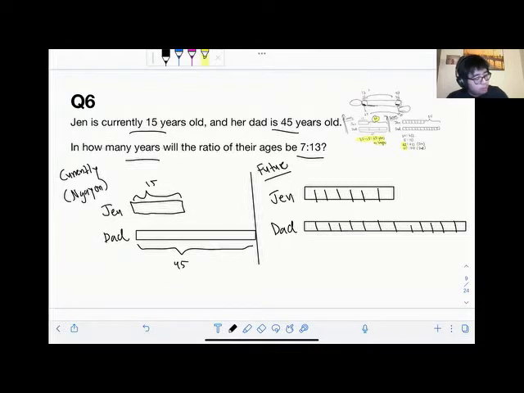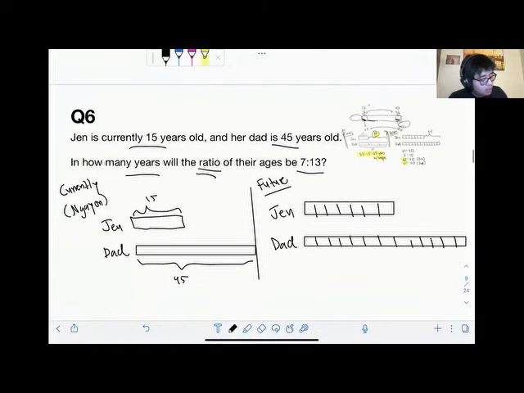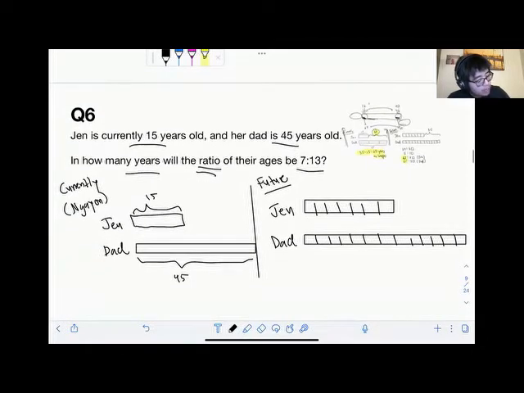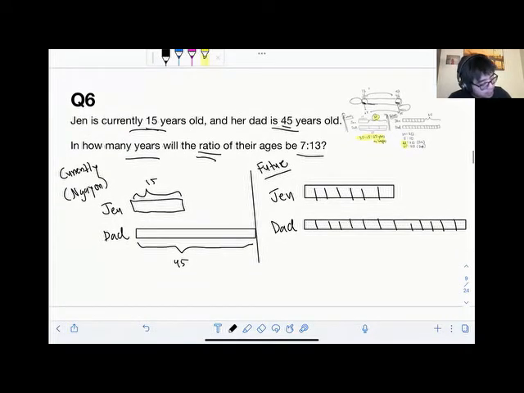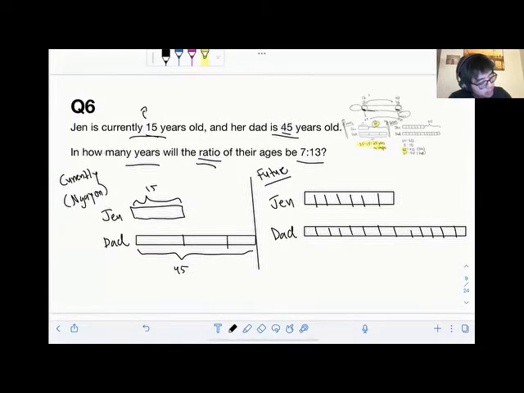At nakita po natin na yung ratio, hindi po siya medyo nakakatulong sa atin dahil age problem po ito. So kahit na ngayon si Jen ay 15 at yung dad ay 45, technically pwede siyang sabihin na 1:3. Pero next year, si Jen ay magiging 16, si dad ay magiging 46, nawasak na po yung ratio na yan. Hindi na po siya 1:3.